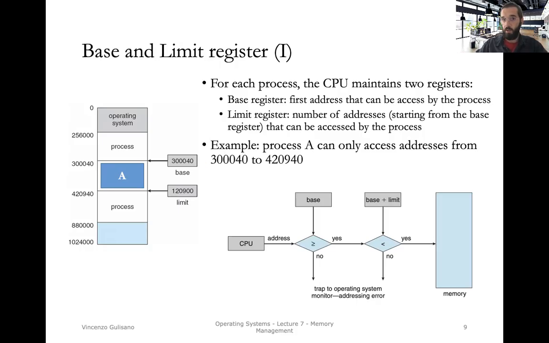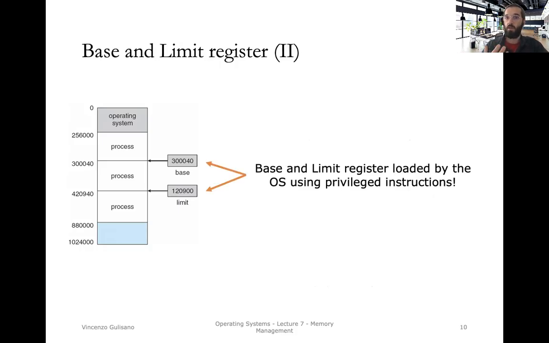Now, the important thing here is, of course, to define these two registers and the operations we want to do with them, especially writing the values of the base and the limit registers, as privileged instructions, which means that only the operating system, when it's running in kernel mode, can change these addresses.